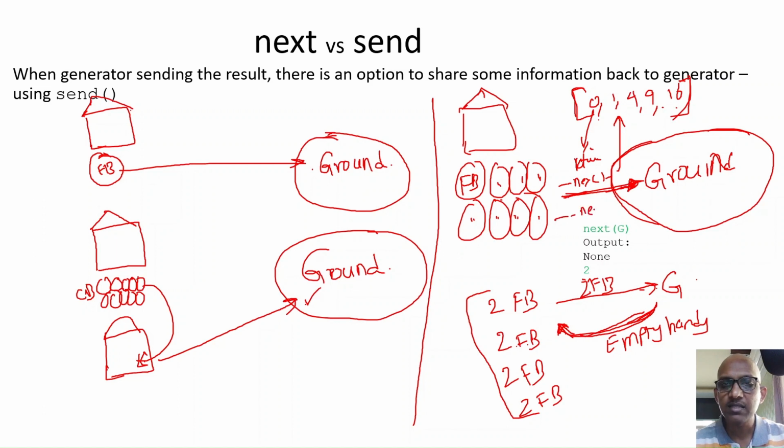It keeps on doing like this. If I don't call the next method here, it will only get the values 0, 1, 4, and it will never take the values 9 and 16. So you have to call the next method on the generator object.